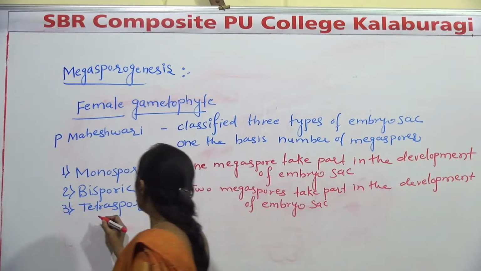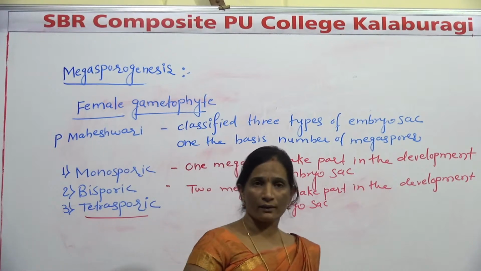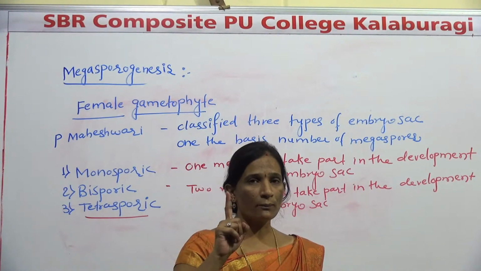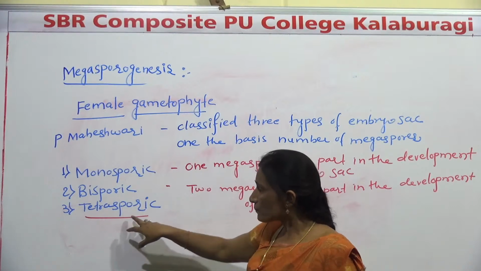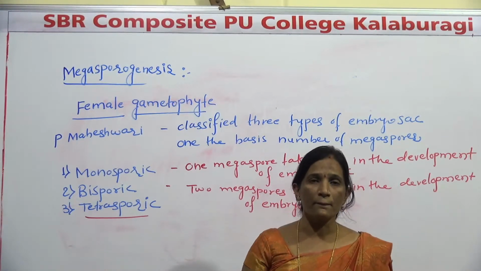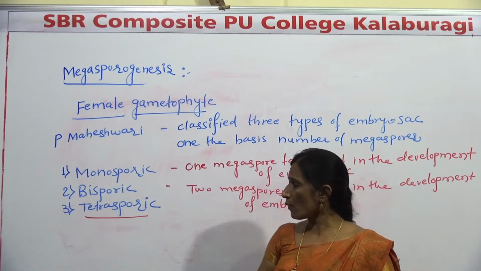Okay. Moving to the third type, the tetrasporic. Tetra means 4, bi means 2, mono means single. Tetrasporic means here all 4 megaspores take part in the development of the embryo sac. That is called tetrasporic embryo sac.